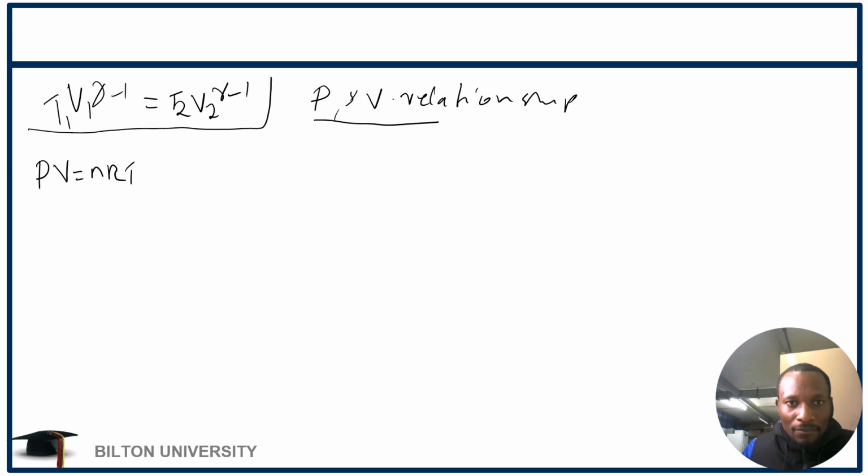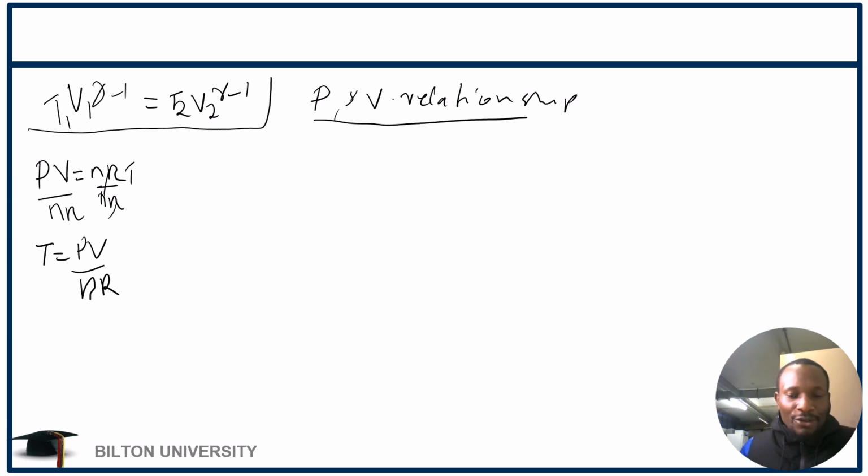Because we want to look at the pressure-volume relationship at different temperatures, we can divide both sides by nR to make T equal to PV over nR.